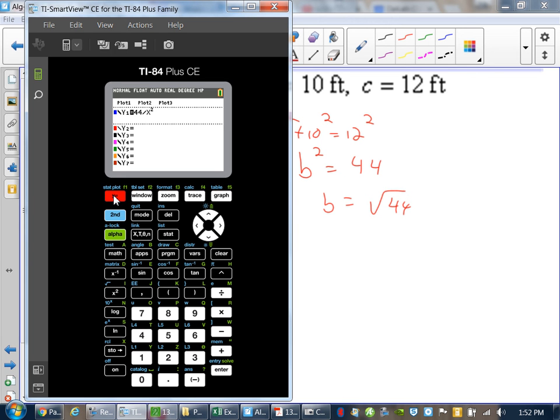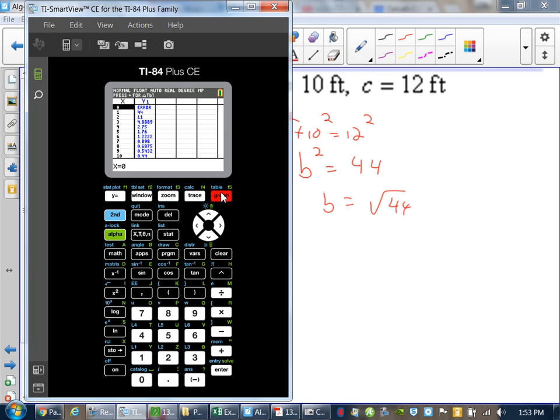If you're not sure how to simplify a radical, if you go to y equals and you type in 44 divided by x squared, what the calculator is going to do, it's going to take the 44 and divide it by 1 squared, 2 squared, 3 squared, 4 squared. It's going to look through all those values to figure out which one of those gives you a regular integer. And by going through the table, you'll figure out which is the largest one.